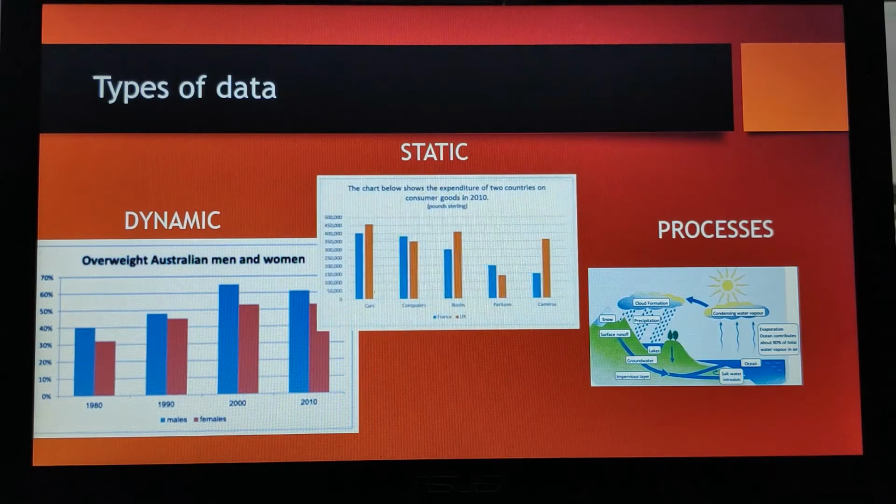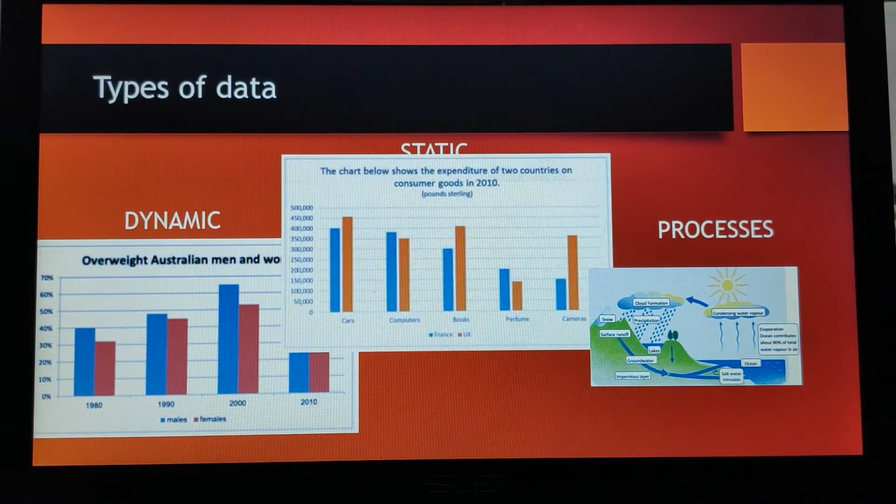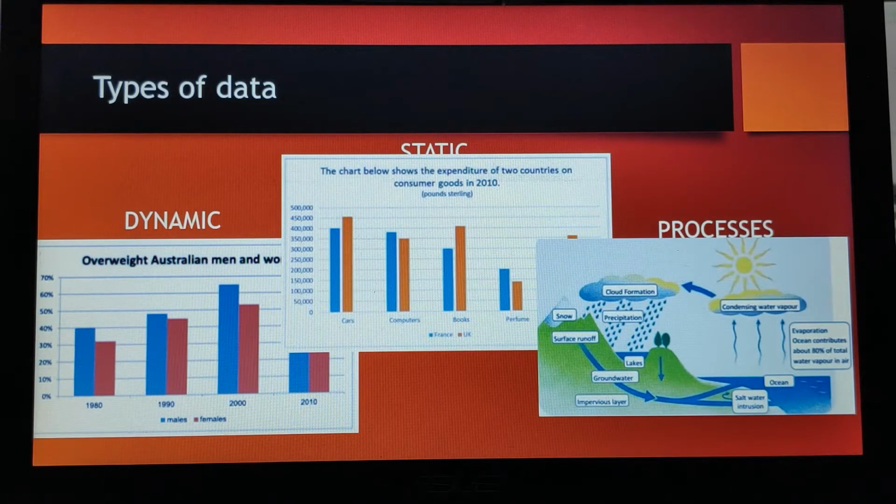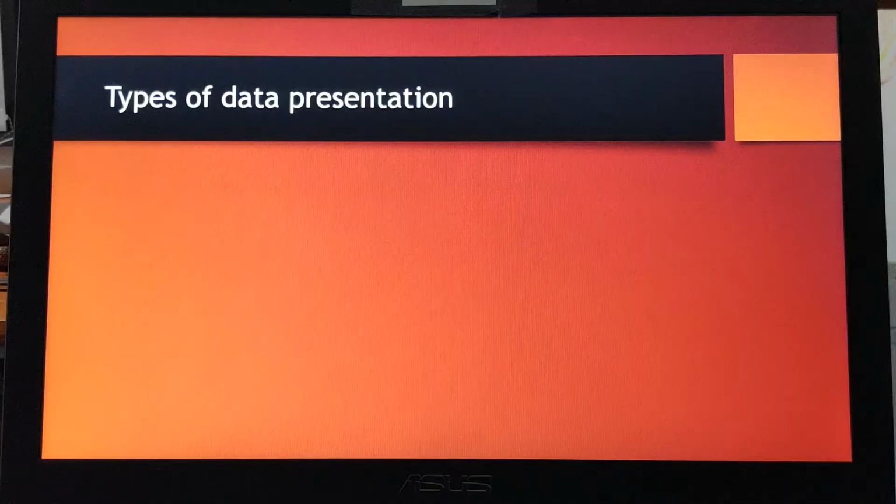However, static shows different data but in one particular moment, as this one shows consumer goods in 2010. And the third one is processes. This is like how something is made or how the water moves around.